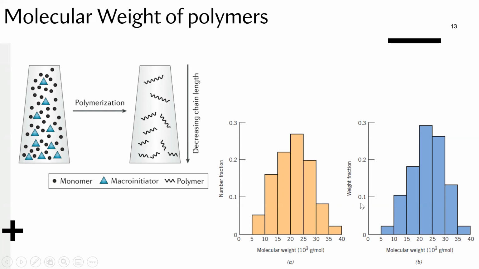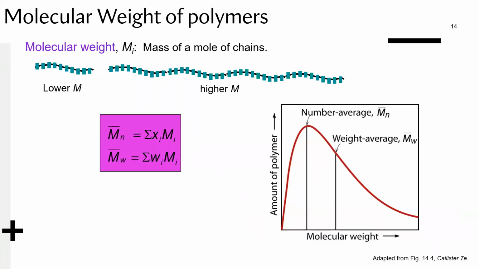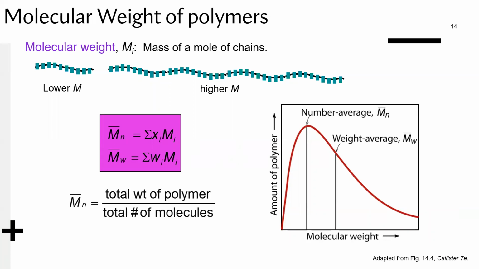So you can distribute these based on weight fraction, which is the percent weight consumed by that group, or the number fraction, which is much simpler, the number of molecules belonging to that particular group. I'm going to get to an example of that in a minute, but the way you then calculate this is that if you want to find the average, it can be either a number average or a weight average, based on whether you use your weight fractions or your number fractions.